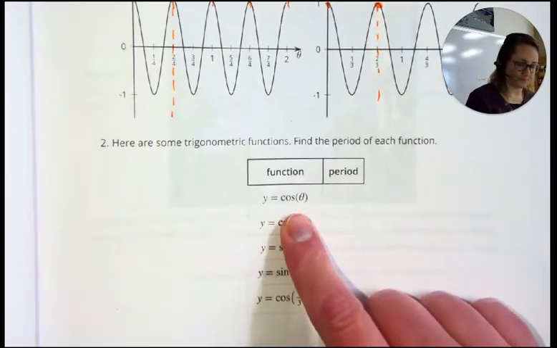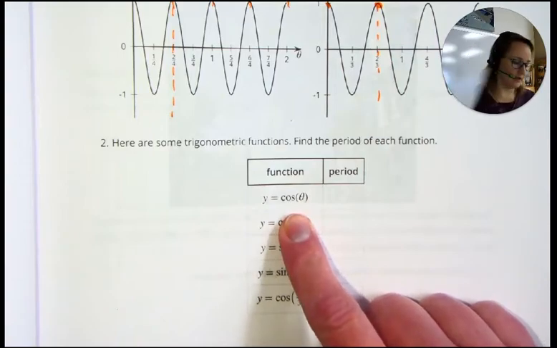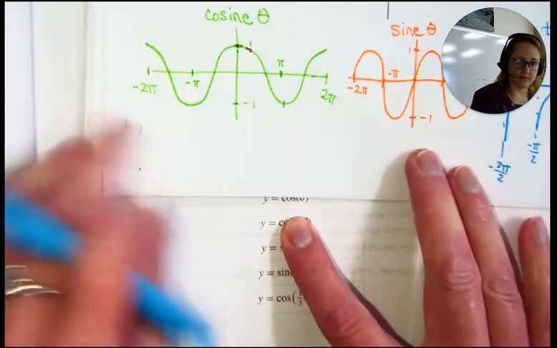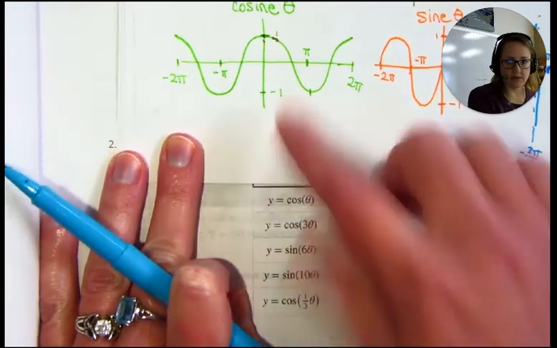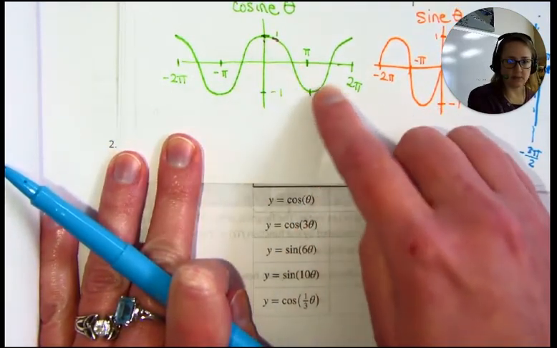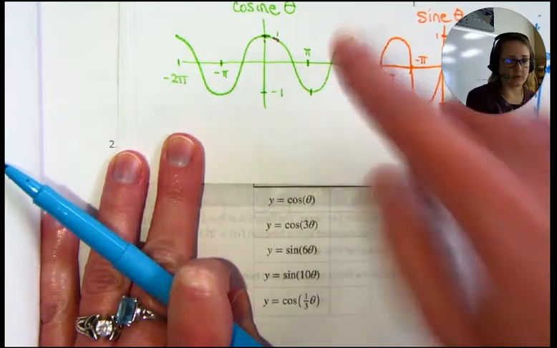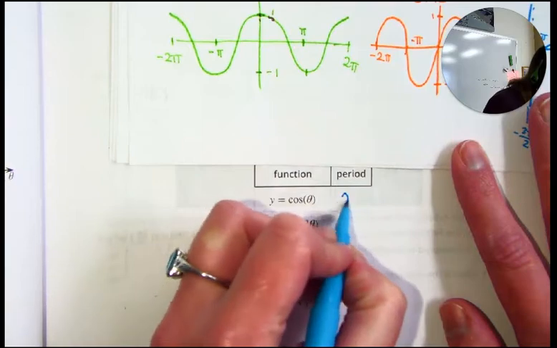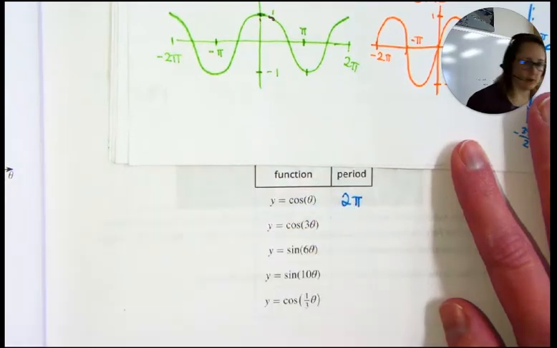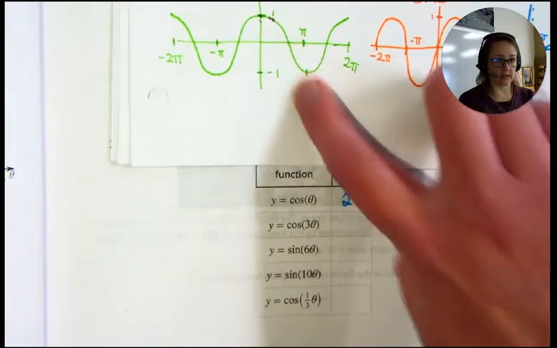Now, first of all, we have said before that our cosine function, I'm just pulling out my student packet here, cosine of theta looks like this. And so we said before that the period for our standard cosine function takes 2 pi to get all the way around and to start again. So it's 1 time around the unit circle.